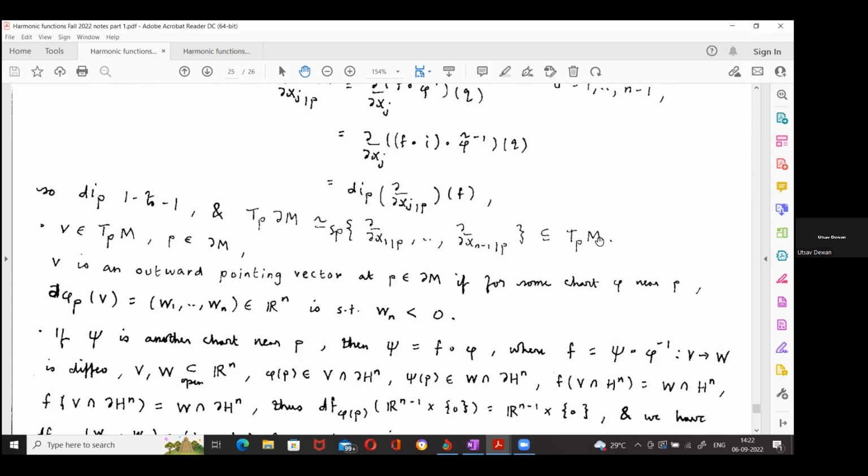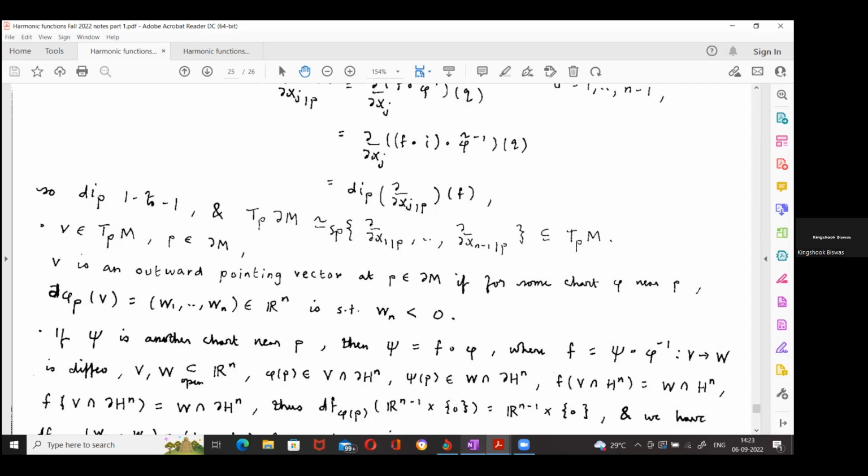Yes. All right. Okay. So now suppose V is a vector in TPM where P is a point of boundary M. Then we say that V is an outward pointing vector at P if for some chart phi near P, the derivative of phi at P maps V to a vector W1 to Wn in Rn whose last coordinate Wn is negative, all right?